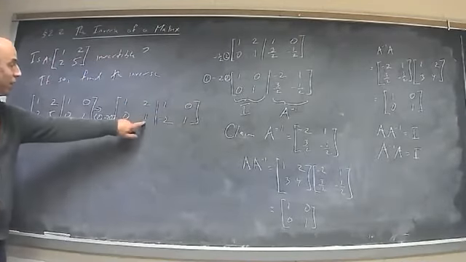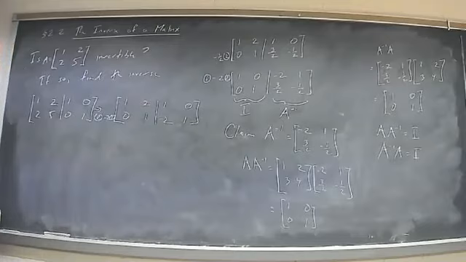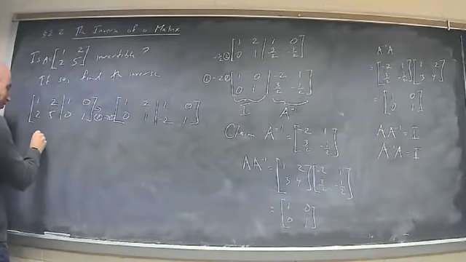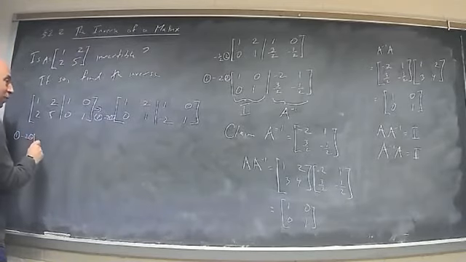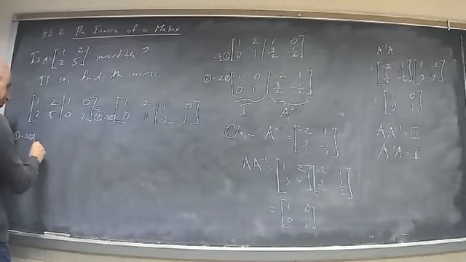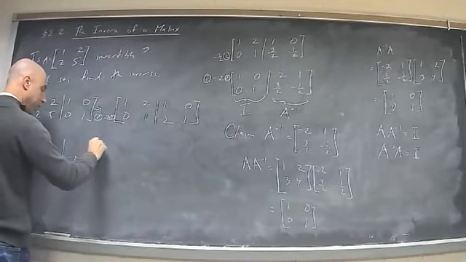We already have a 1 in the lower right-hand corner. We just need a 0 in the upper right-hand corner, assuming we can get that. And so we will take row 1 and subtract off 2 times row 2. And we end up with, still we have 0, 1, minus 2, 1.